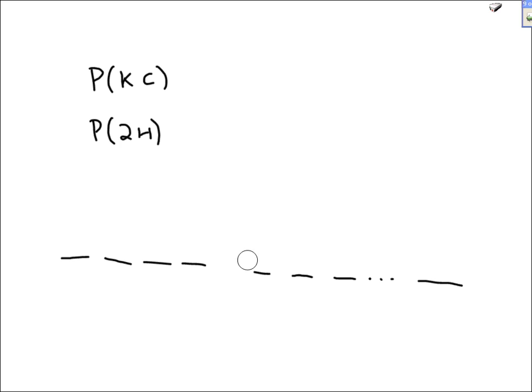Let me put this down more neatly. These are 51 cards, and here is the first king. Now, I want to know the probability that the next card is the two of hearts or the king of clubs.